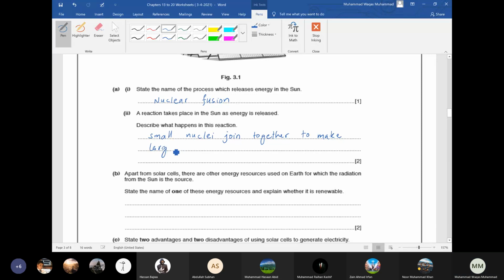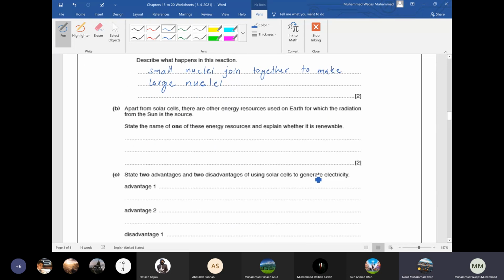If you are defining generally, you can say nucleus or nuclei. In fusion, smaller nuclei join together to form a larger nucleus. In fission, a large nucleus splits into smaller nuclei. So this is the difference between fusion and fission.